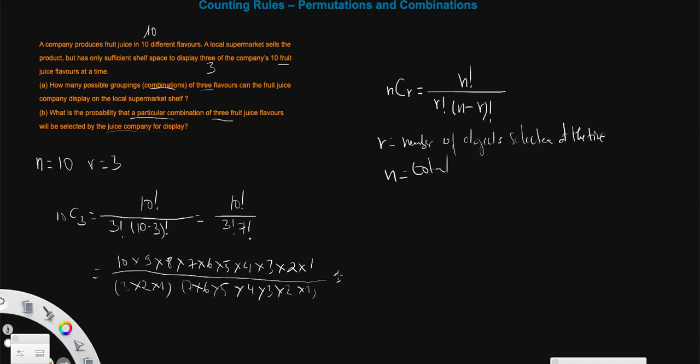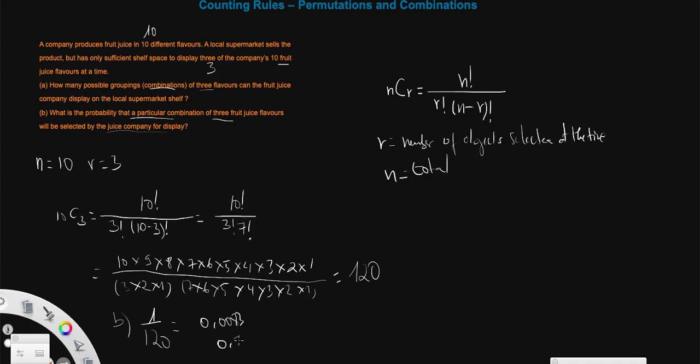And when you take your calculator, you should get 120 combinations. Okay, so those are the number of combinations. Now the probability of selecting one, question B, all you do is 1 divided by 120, then you get 0.0083.